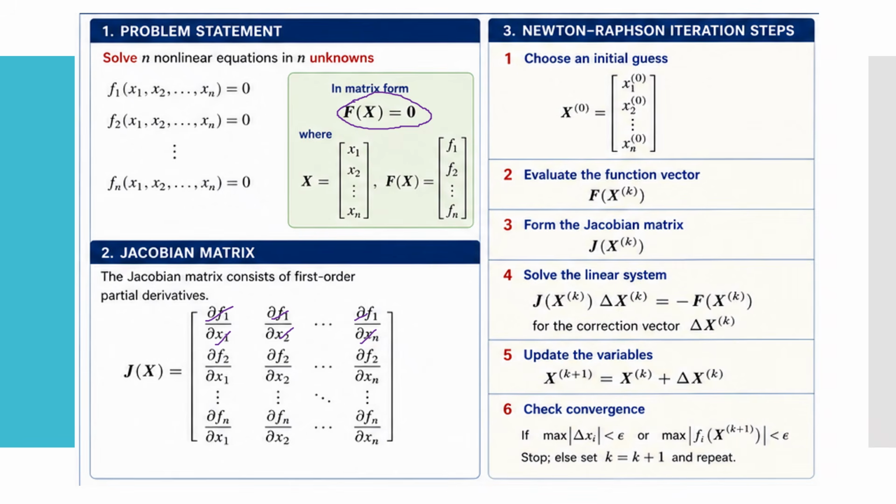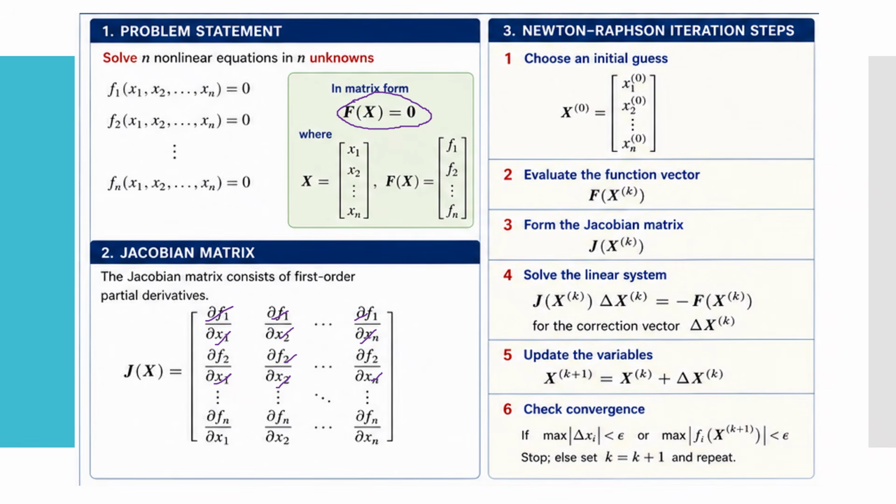And we'll make a Jacobian matrix in the same way for all. If we have f2, we will also take the partial derivative of function 2 with respect to x1, x2 up to xn, and we'll make an n by n matrix.